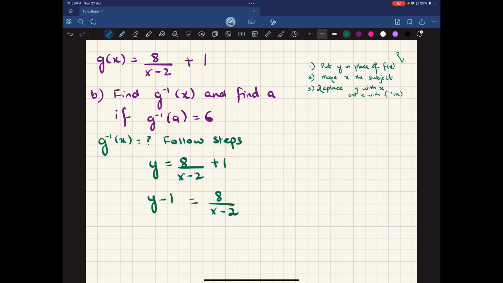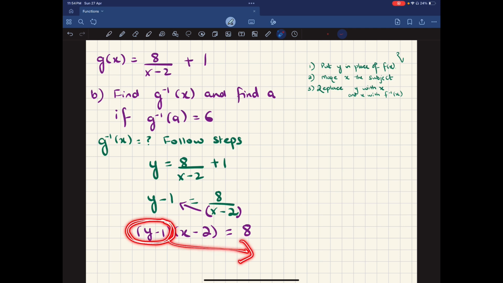What are we going to do next? We are simply going to take this denominator here to the other side, so it will be multiplied with y minus 1. And now we're going to pick this bracket and take it to the other side.